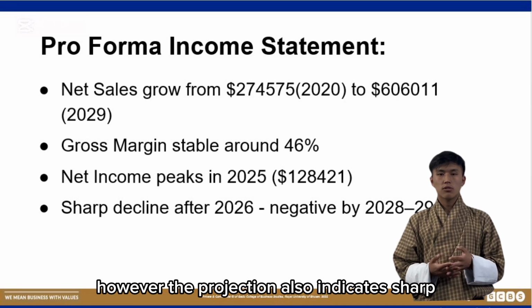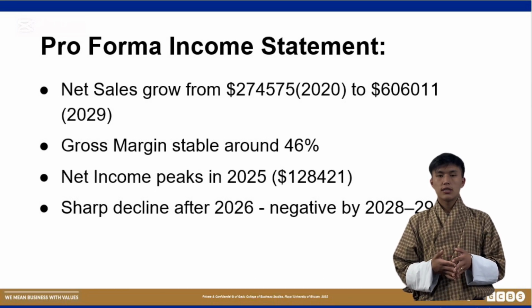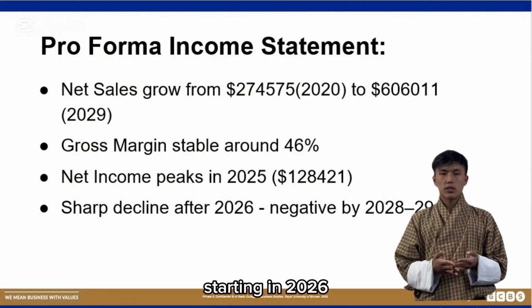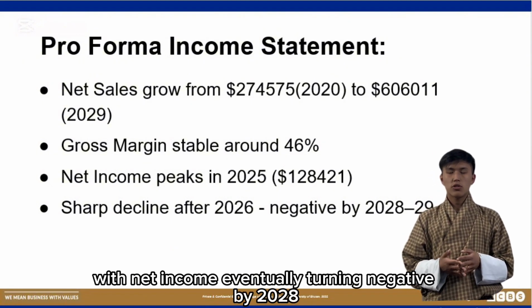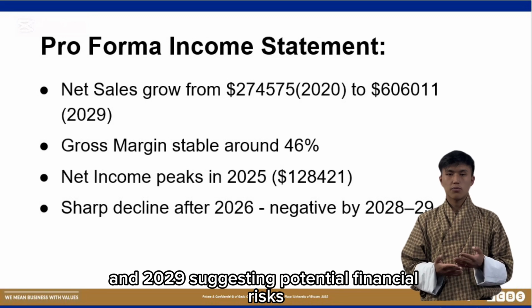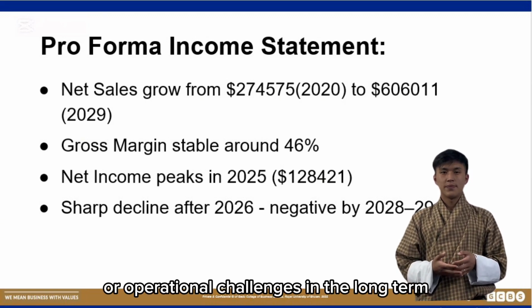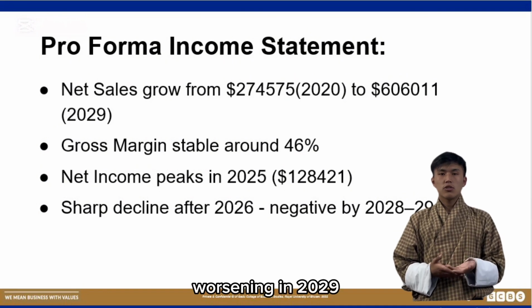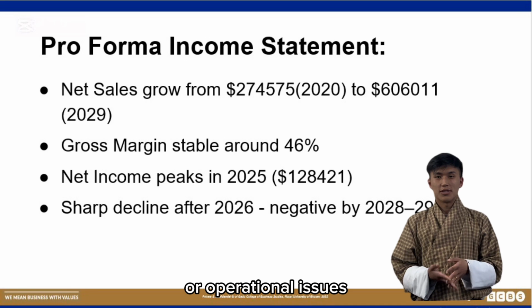However, the projection also indicates a sharp downturn in profitability starting in 2026, with net income eventually turning negative by 2028 and 2029, suggesting potential financial risks or operational challenges in the long term. Worsening in 2029, suggesting serious financial challenges or operational issues.